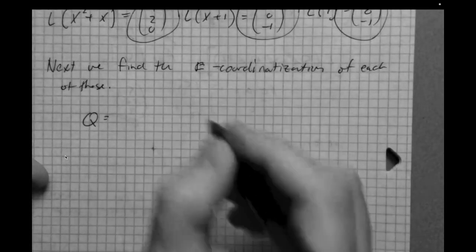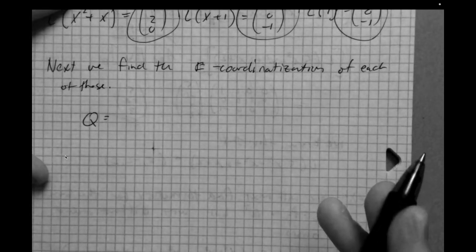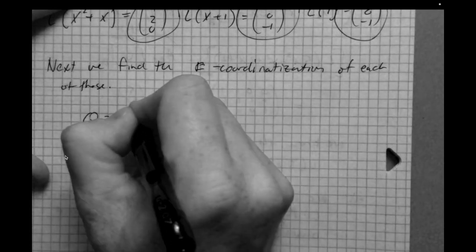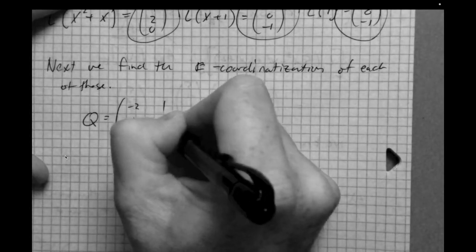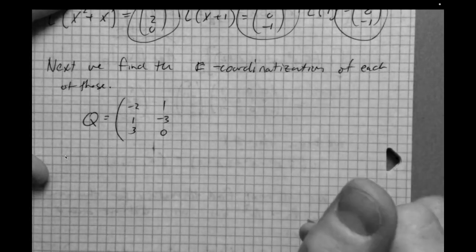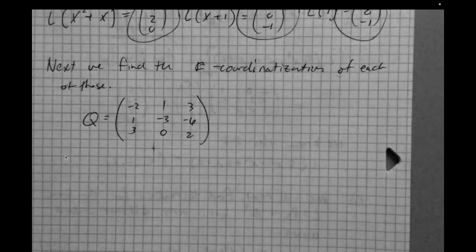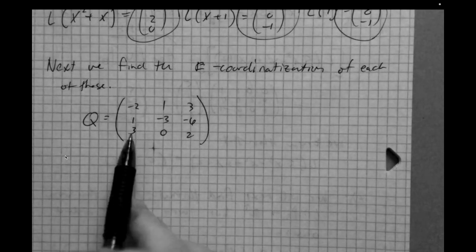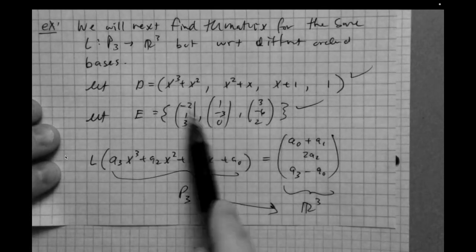Okay, so Q: you take the transition matrix from the standard basis C to the basis E, and that's going to be negative 2, 1, 3, then 1, negative 3, 0, and then 3, negative 6, 2. These are the basis vectors. If you flip back to the beginning, this is how we defined E. So I take those basis vectors and plug them in here, and I really need the inverse of that.